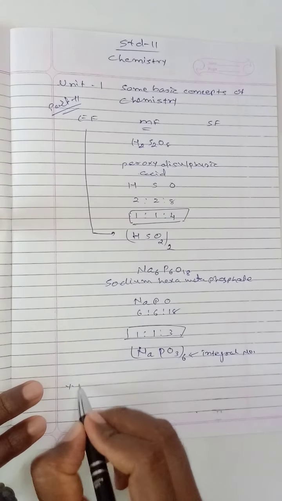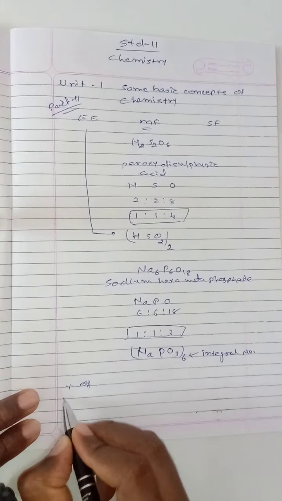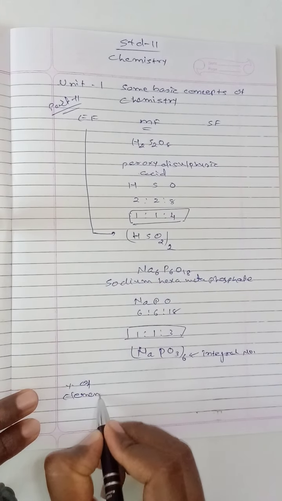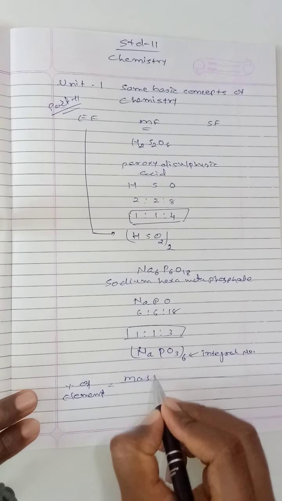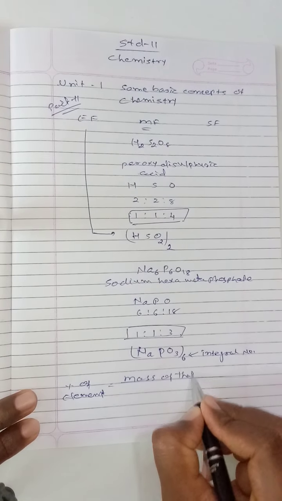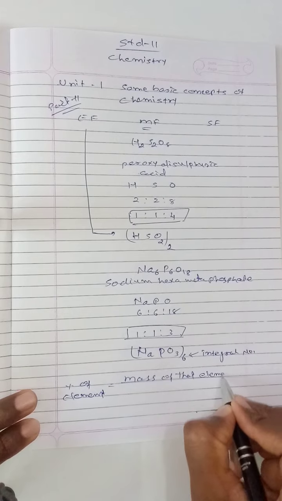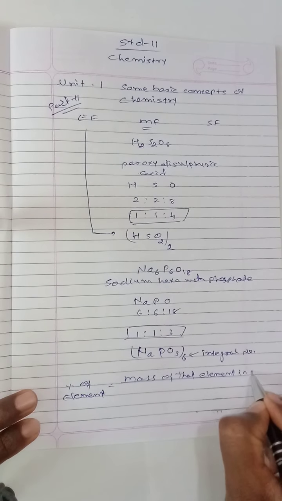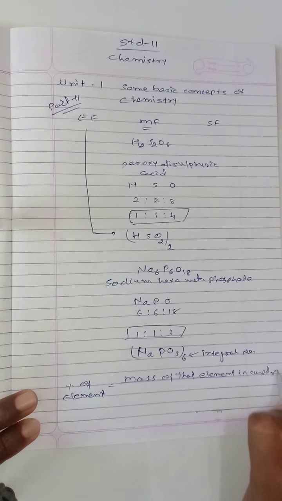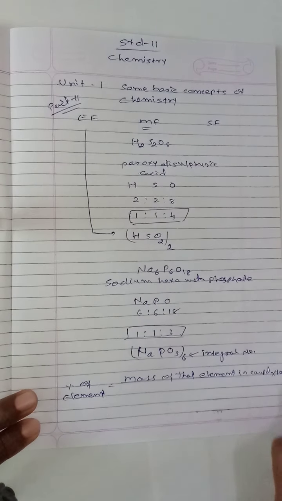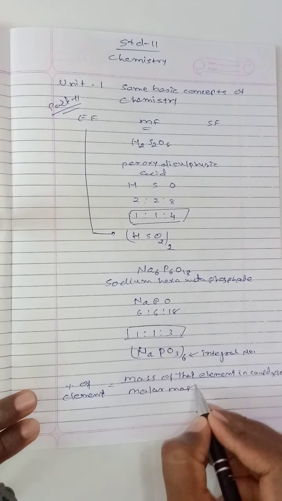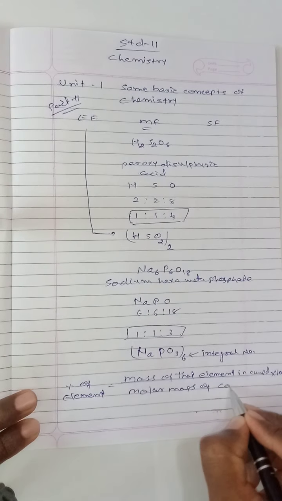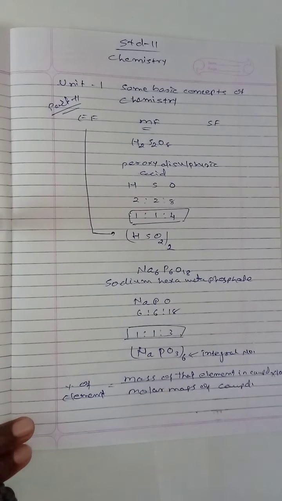The percentage of an element equals the mass of that element in the compound multiplied by 100 divided by the molar mass of the compound.